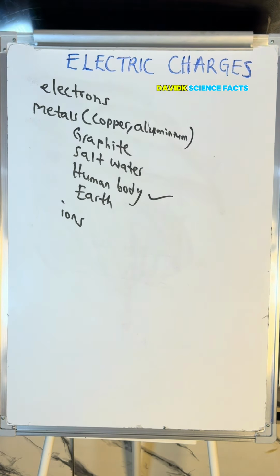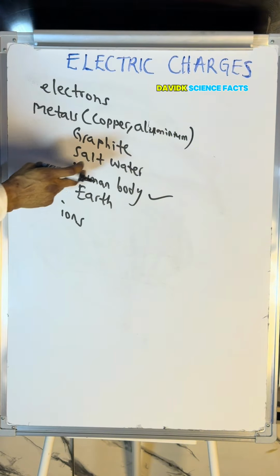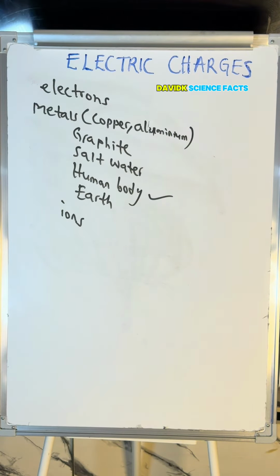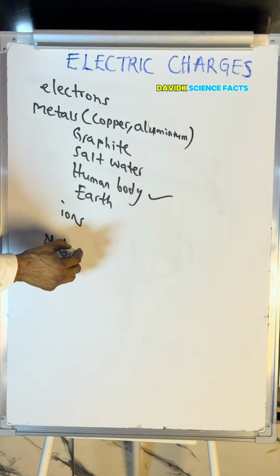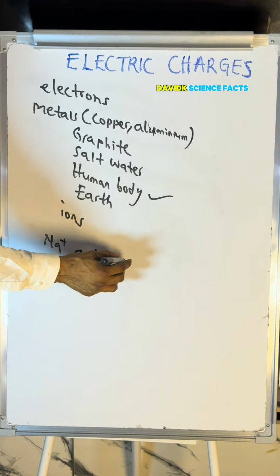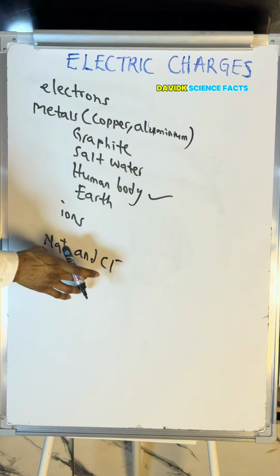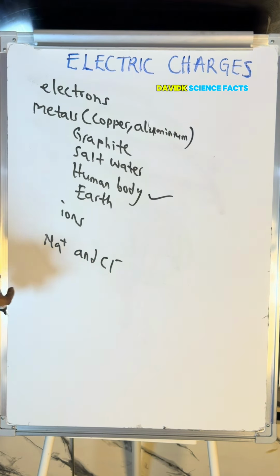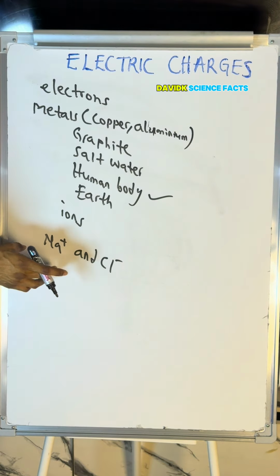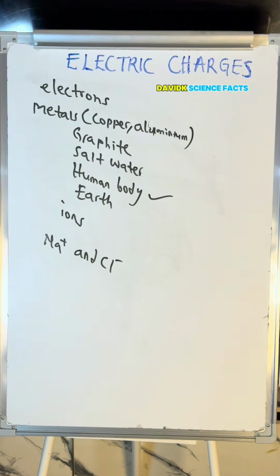Remember I said a conductor is any material that allows charges to move. Do you understand? Now, salt in water is a conductor because it forms ions, and those ions are called Na plus and Cl minus. So the Na plus and Cl minus involve the movement of ions, they give electricity flow. Do you understand?